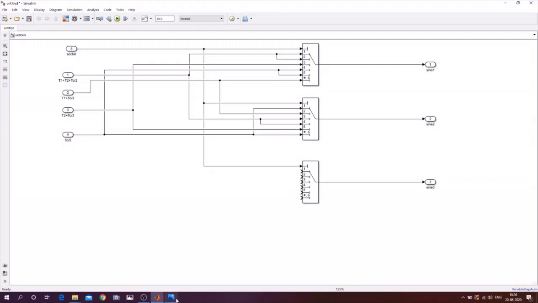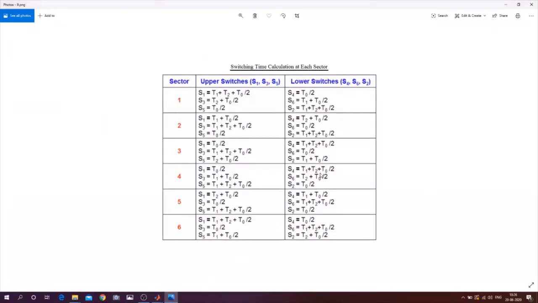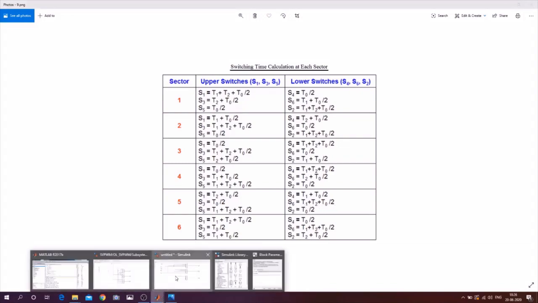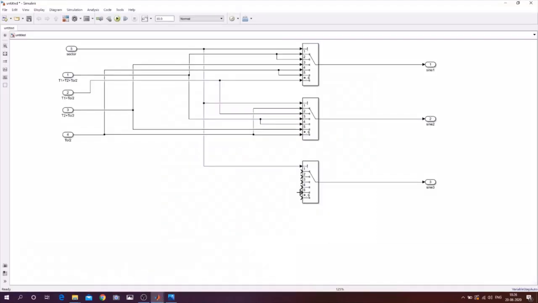Similarly, we will do the other one, that is sector 5. Okay, so here S5 and S6 are the same, that is T1 plus T2 plus T0 by 2. So let us just match.